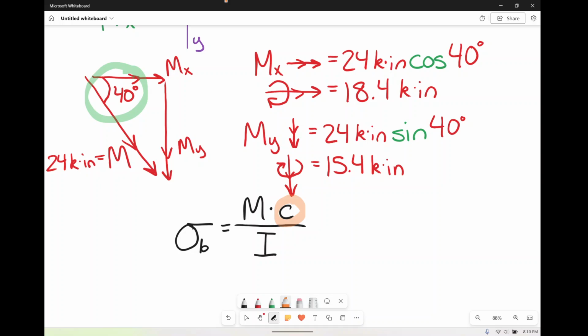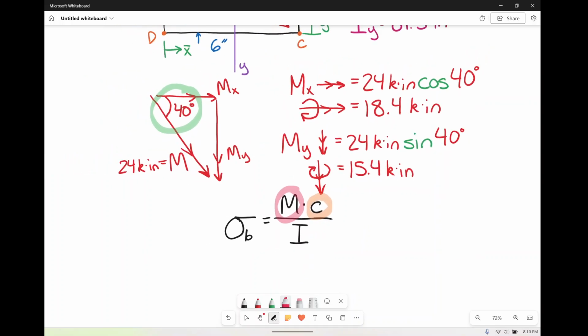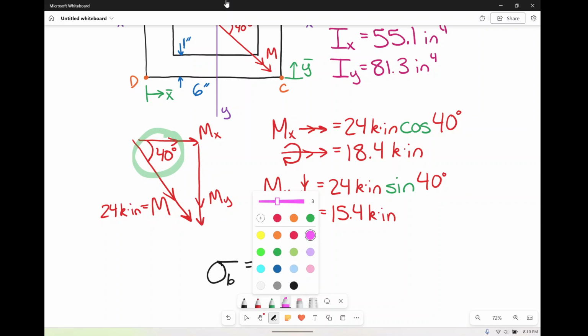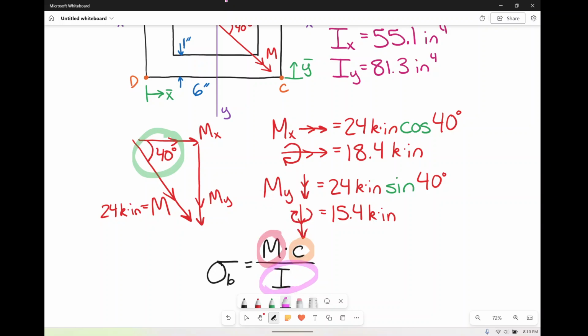If you are doing bending in the y direction, then it is the horizontal distance from your point to the neutral axis being the y-axis. So we have M's, we just solved for those. c is just based on a point, and I, we do have I, we colored those there in kind of a pinky color, so there we go.